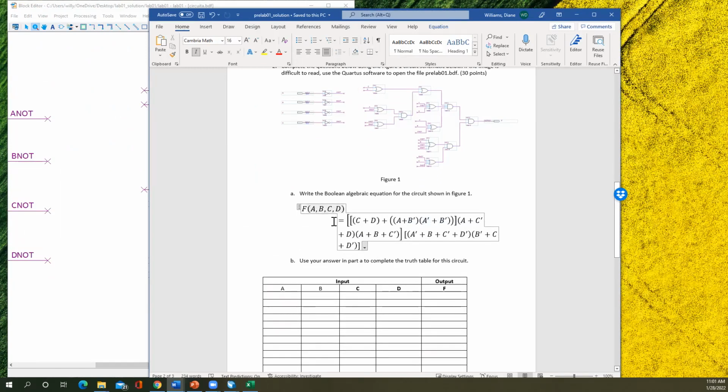So when we fill out our truth table, I'm going to grab this and throw it here.